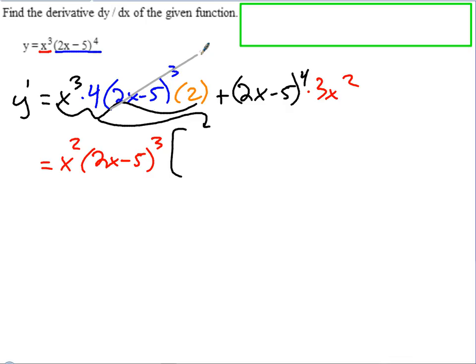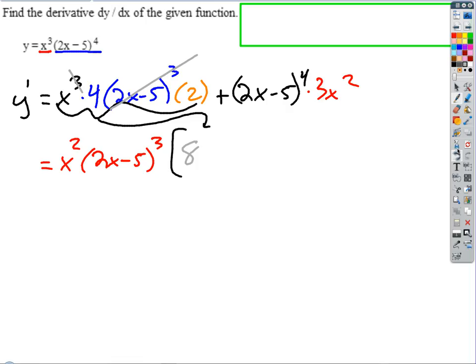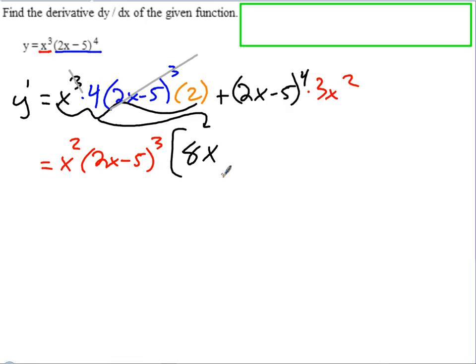We factored that out completely. We take all but 1 of the x's away, right? And then it looks like we're just left with 8x, right? What about the other guy?